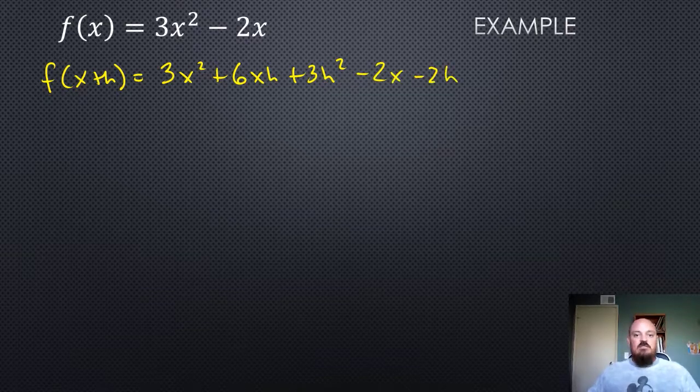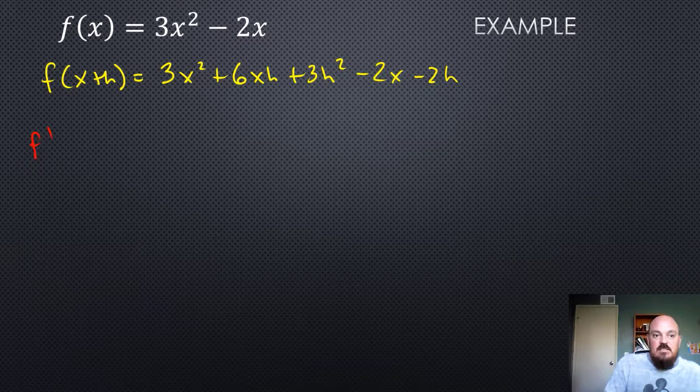I'll write that down so we have it for later. Now for the work, I'm going to use the definition of the derivative. The definition of the derivative says f prime, this is the one we just created, it's called deriving. We derived this. It's the limit as h approaches 0 of f of x plus h minus f of x all over h.